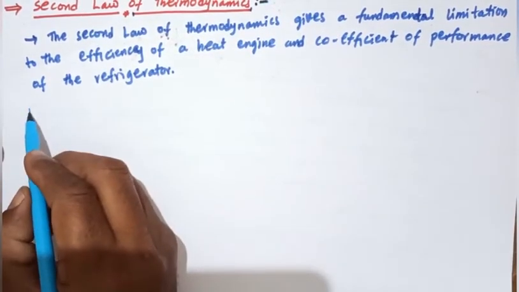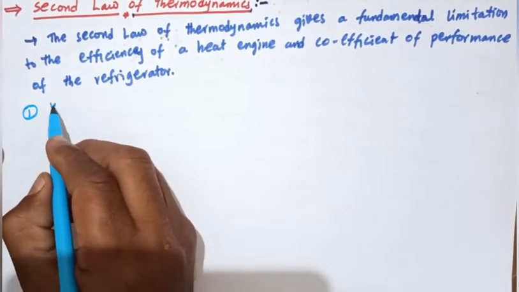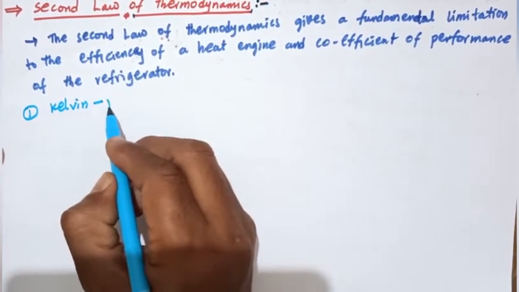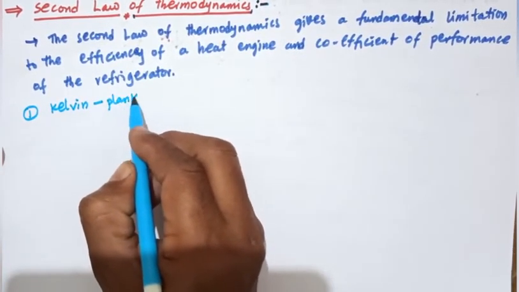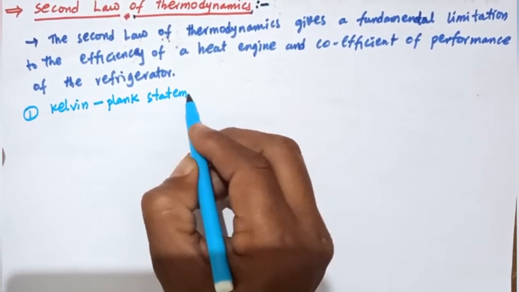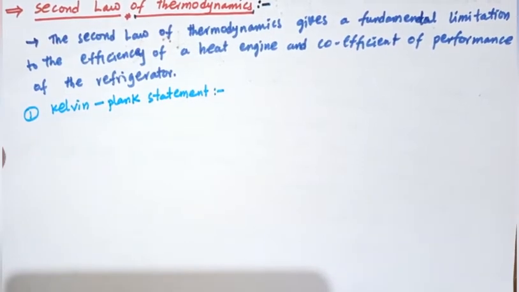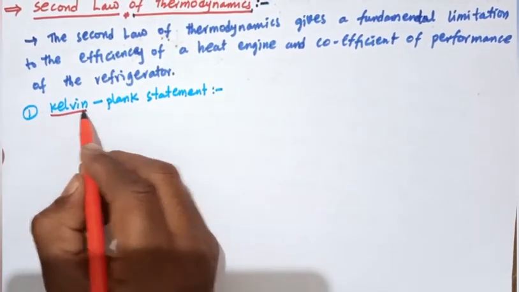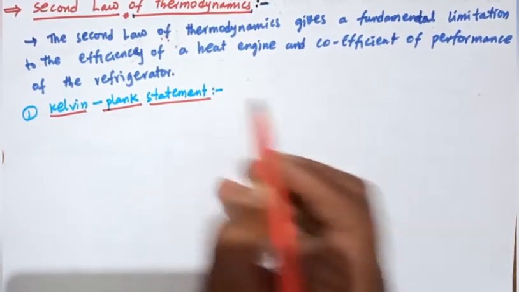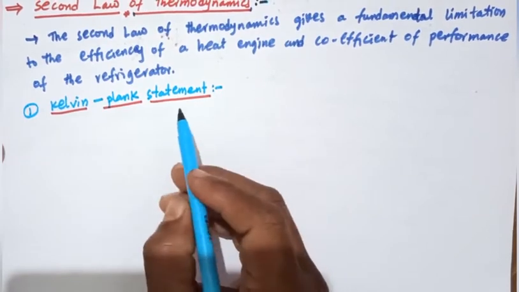The first statement is the Kelvin-Planck statement. The statement is given by Kelvin and Planck, so it is called the Kelvin-Planck statement. So what is the Kelvin-Planck statement?